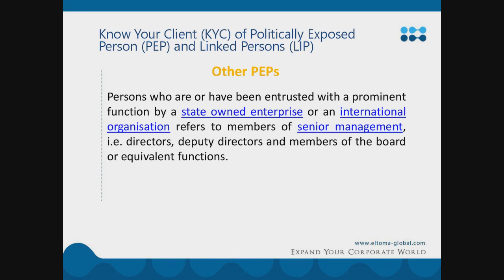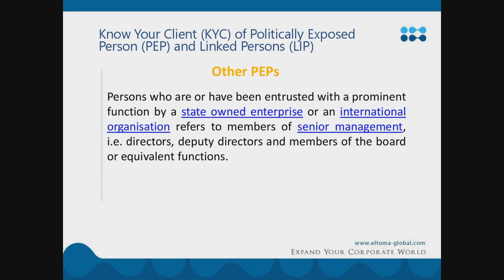Other PEPs. Other PEPs are persons who are or have been entrusted with an appointed function by a state-owned enterprise or an international organization, which refers to members of senior management. As an example, a Council member in the United Nations will be a PEP.